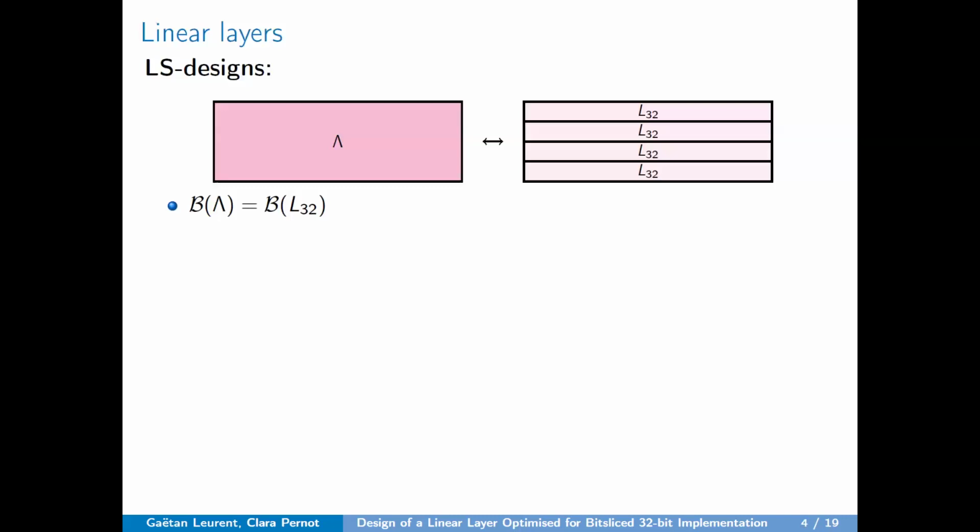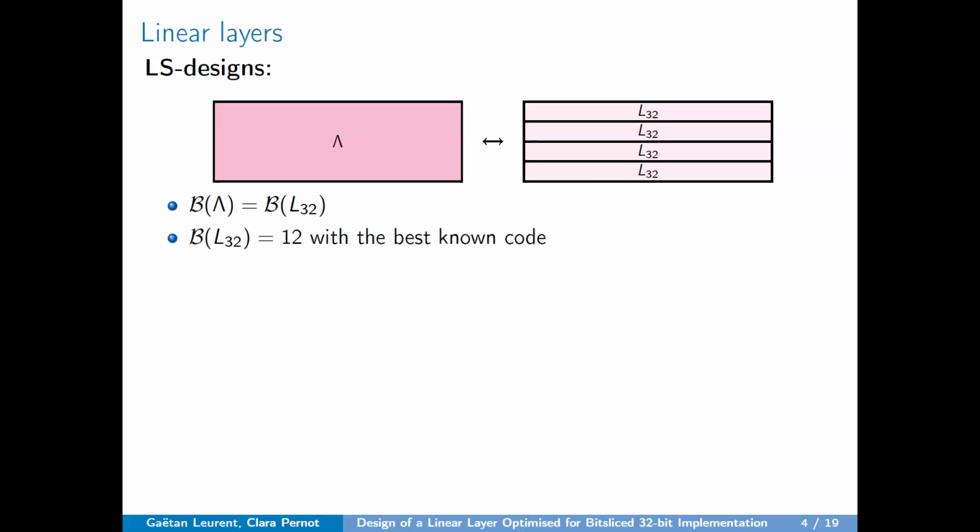So if we go back to the LS design, in the LS design, the linear layer Lambda is made of 4 applications of one linear transformation that operates on 32 bits. And the branch number of the big linear transformation is just equal to the branch number of one 32-bit linear transformation, because we can just choose 3 passive L-boxes and 1 active L-box.